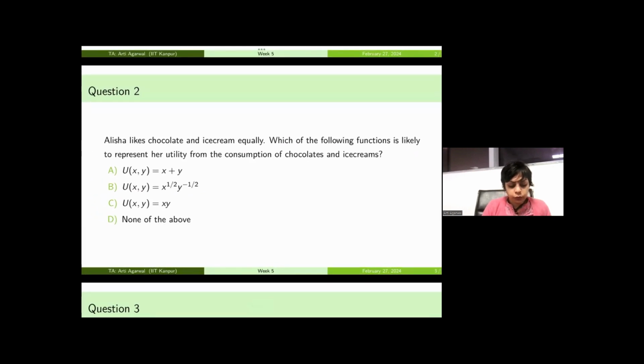So which of the following is likely to be her utility function? I'll give you a minute or two to think about it. How are we going to arrive at the utility function based on what the question says? Just take 1 or 2 minutes to think about it, and then I'll discuss it.